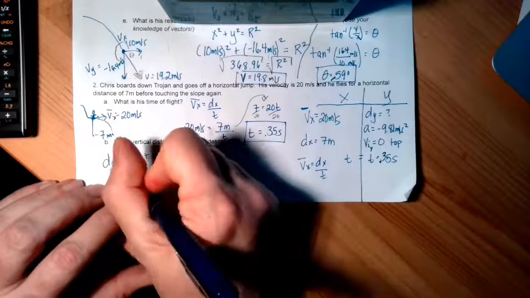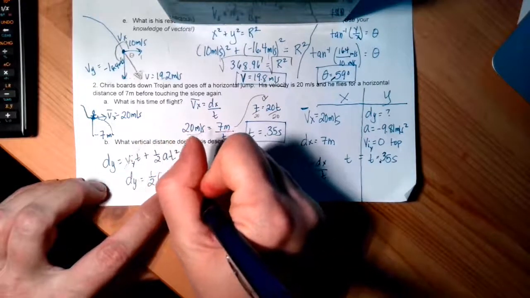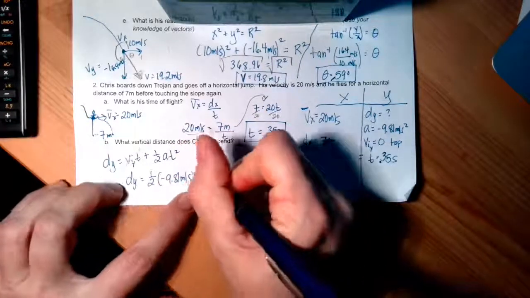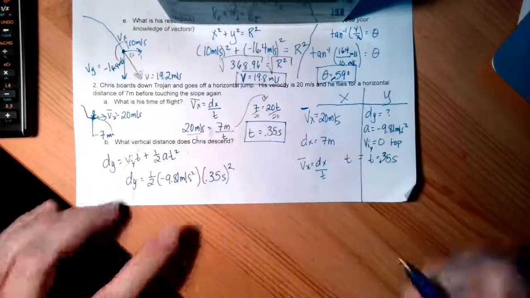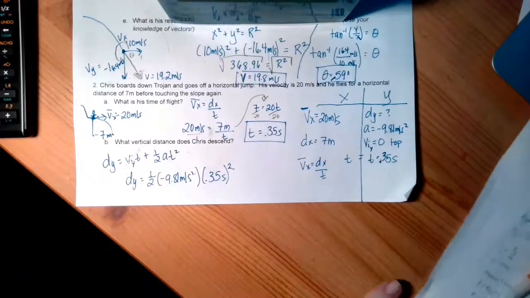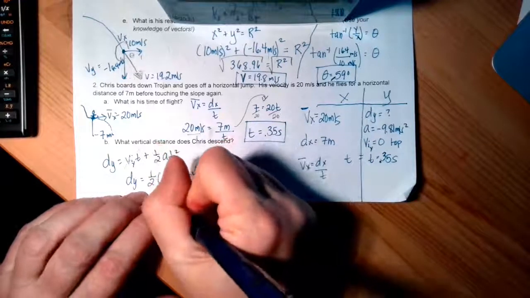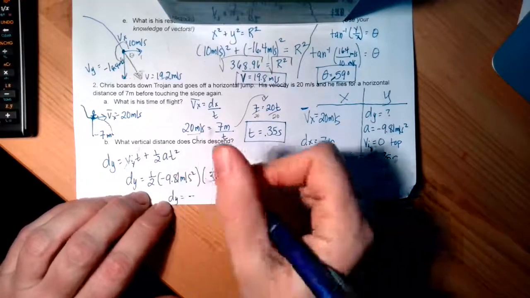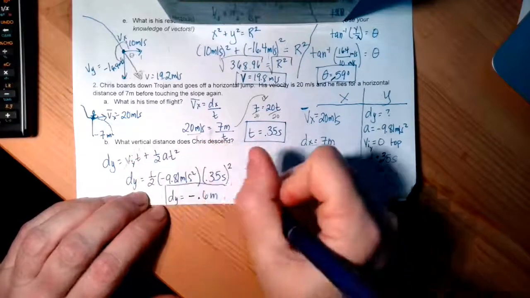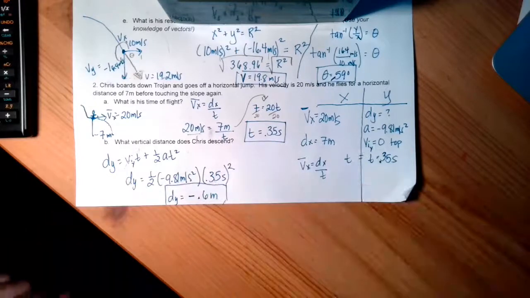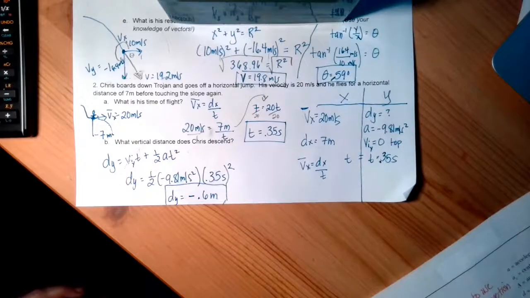And I get that dy equals 1/2 times negative 9.81 times the time, which was 0.35 seconds. Don't forget to square it. And when you do the math on that, you get that dy is negative 0.6 meters. He falls 0.6 meters. Okay? And that's that. Ooh, made it under 15 minutes.